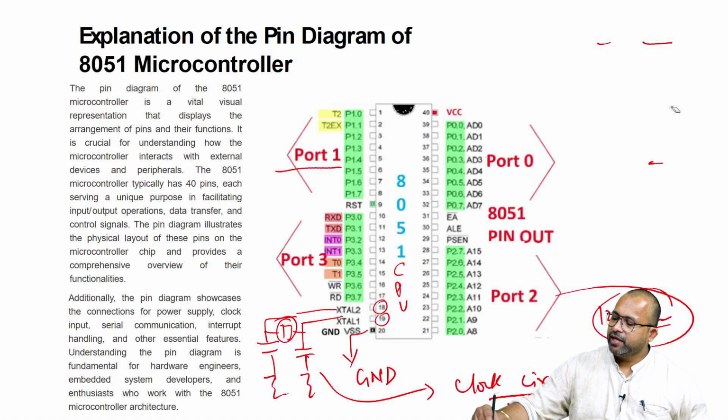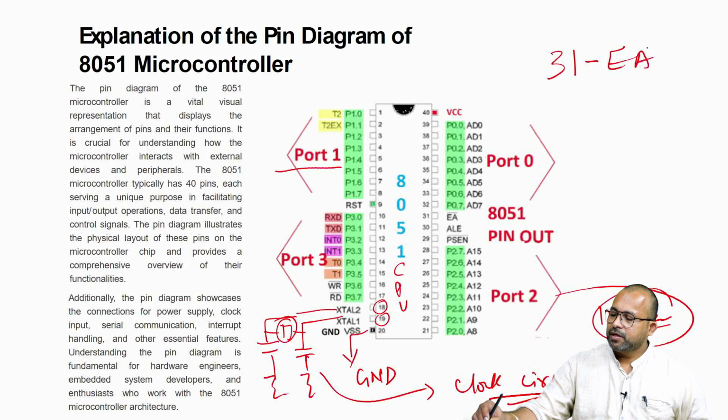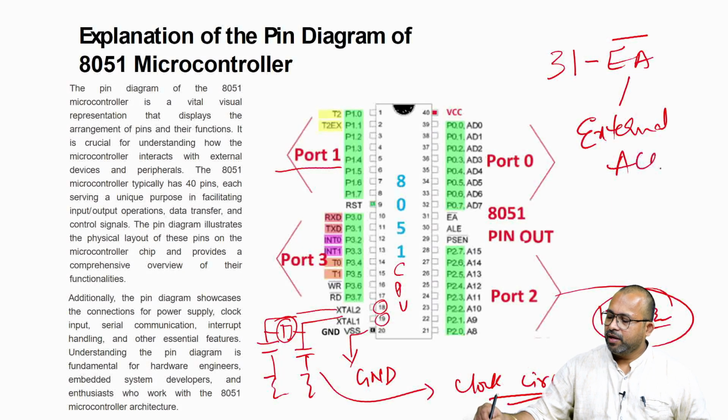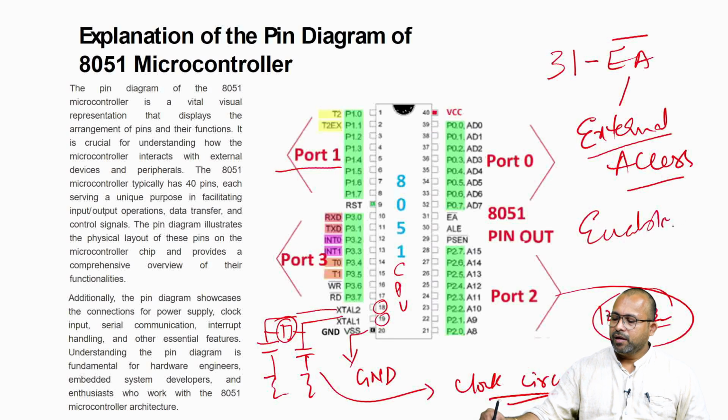As I told you, the 29th pin is called program store enable, for external access of ROM, and ALE distinguishes whether address or data is on the bus. And the 31st pin, which is left over, is EA bar, external memory access. In order to access any external peripherals like memory or IO devices, this pin must be enabled.